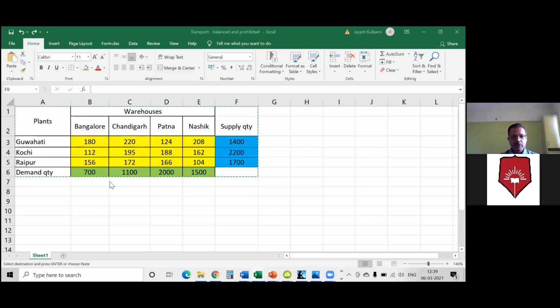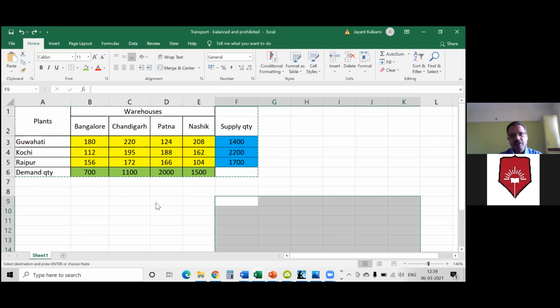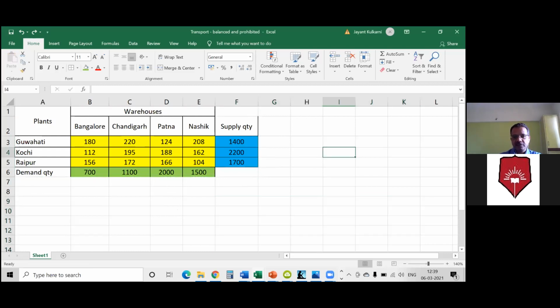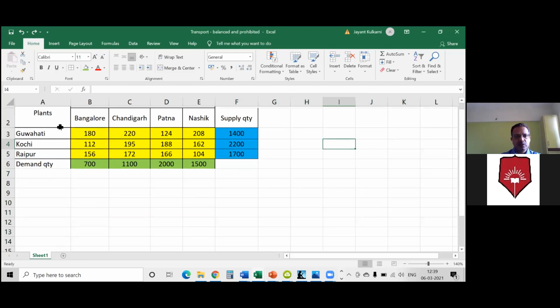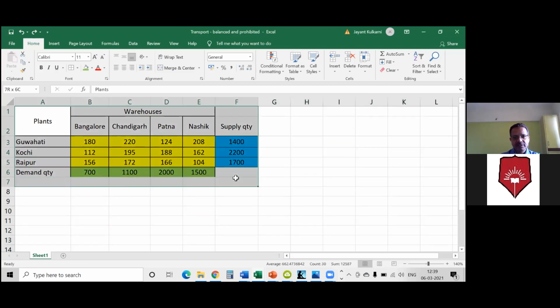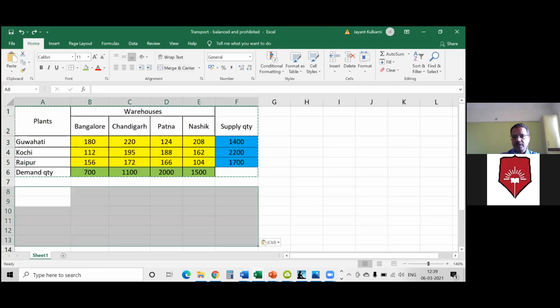Okay, so like we did last time, we are going to repeat exactly the same steps. The first step, if you remember, was to copy the whole thing down here. So I copied that.